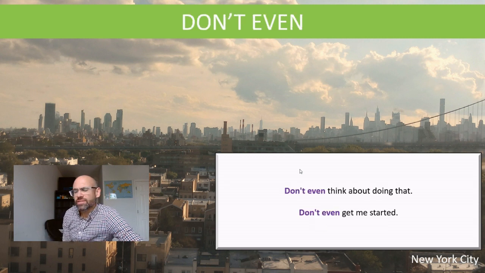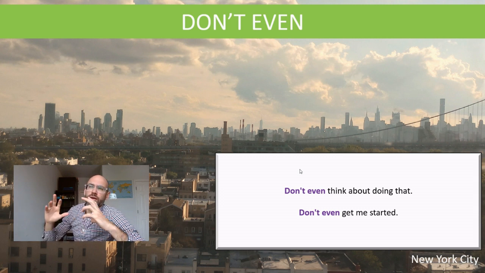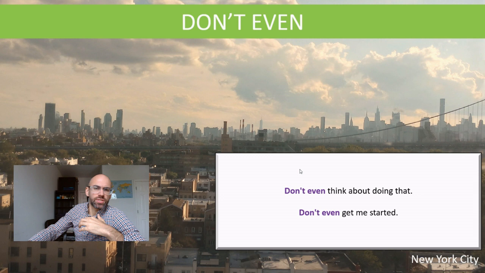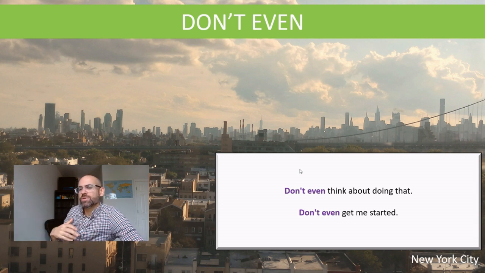And then related to that, we have this construction, like a command where you would tell somebody, don't do something. Sometimes you might hear people in English say, don't even do this. Don't even think about doing that. And so if somebody says, don't even think about doing that, it's a way of saying, don't do it.